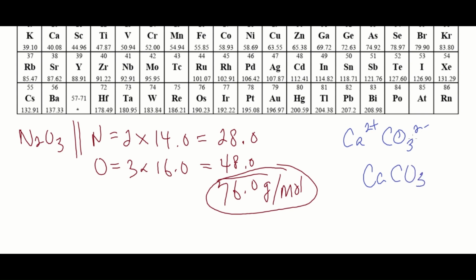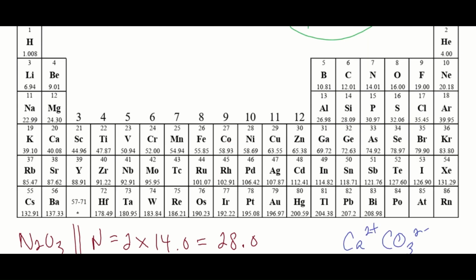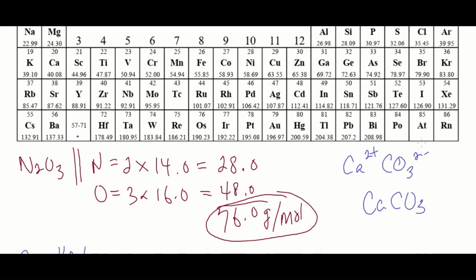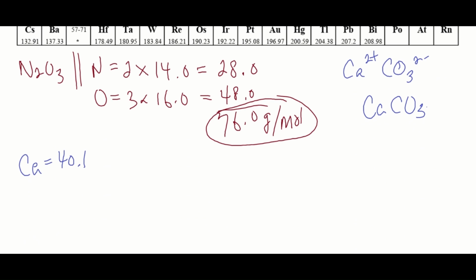All right, calcium has a molar mass of 40.1. And carbon has a molar mass of 12.0. And oxygen has a molar mass of 16.0, and there's 3 of them, so that's going to be 48.0.